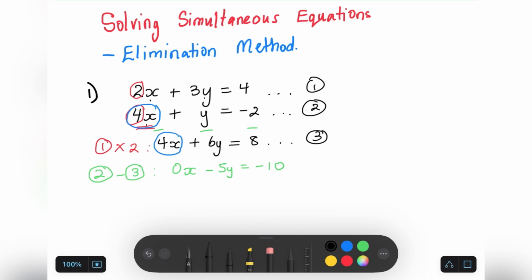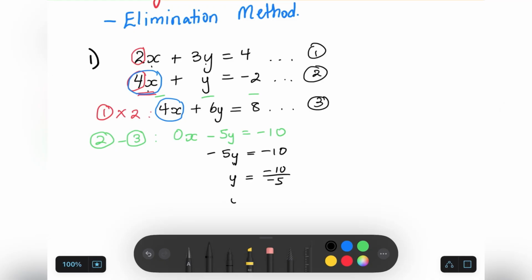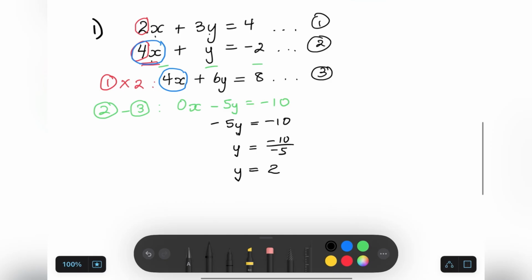And then I could go ahead and solve that equation. So negative 5y is equal to negative 10. So y is equal to negative 10 divided by negative 5, which will give me positive 2. And now that I have what y is equal to, I could substitute that into any one of the equations.